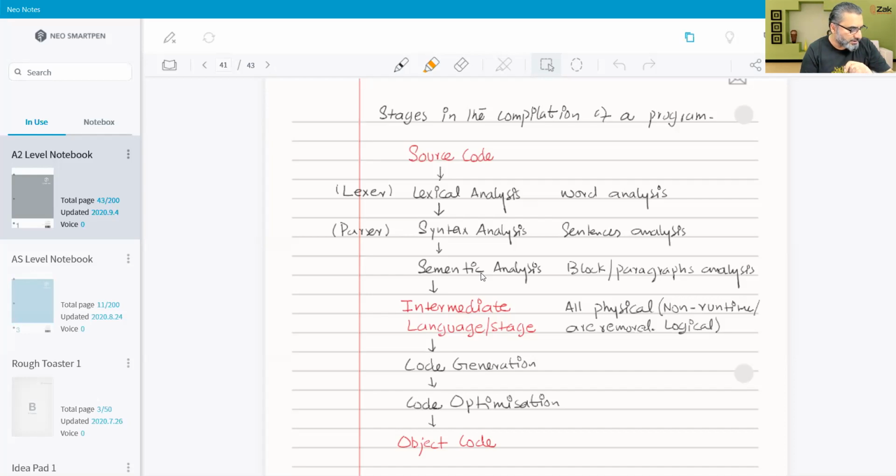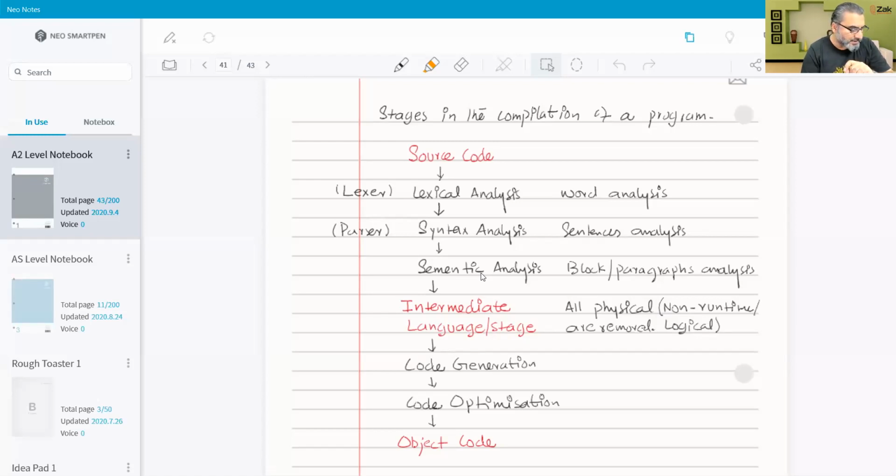Okay, the code generation stage produces an object code to perform the task defined in the source code. The program must be syntactically correct for an object program to be produced. Means this intermediate language stage must be passed through without any error. It is no longer in the form that is designed to be read by humans.